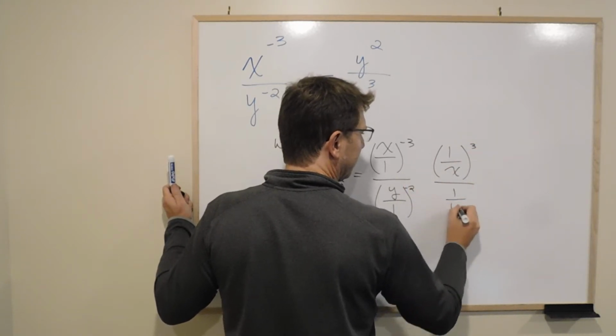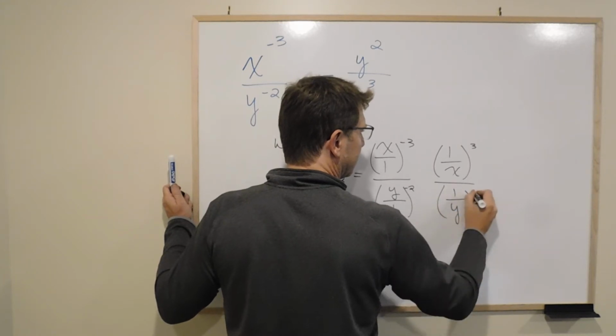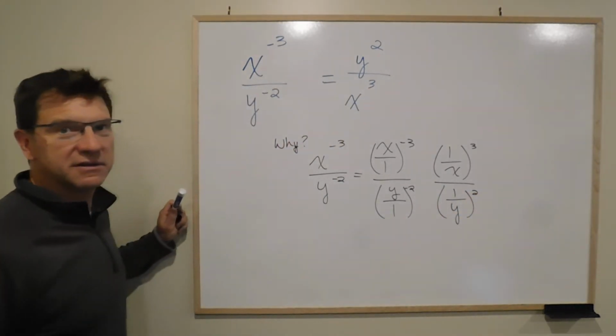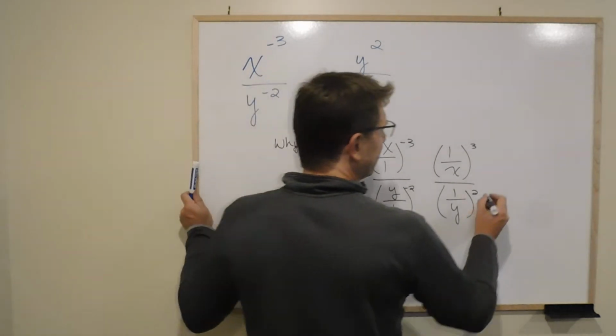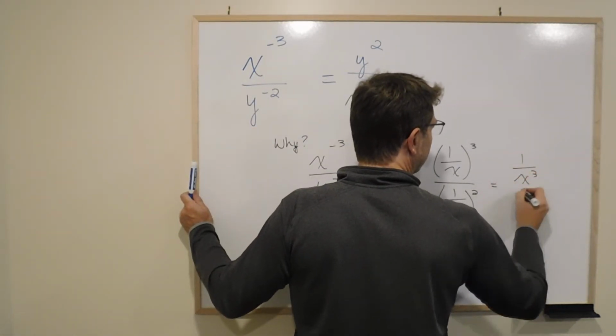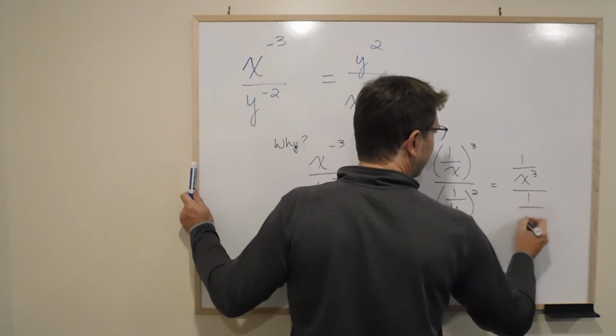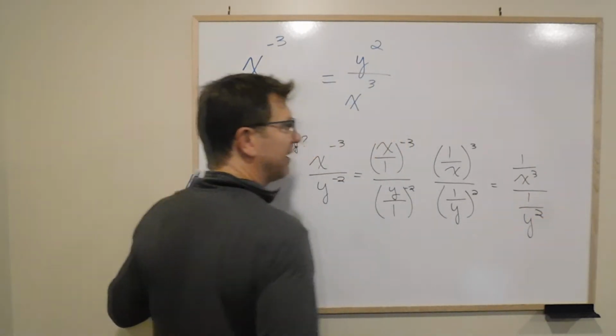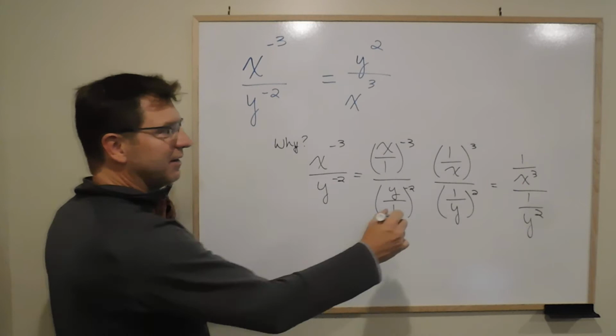If that's a negative, right, so I can flip the fractions. And then I can do this. So 1 cubed over x cubed, 1 squared over y squared, and I get that. Right?